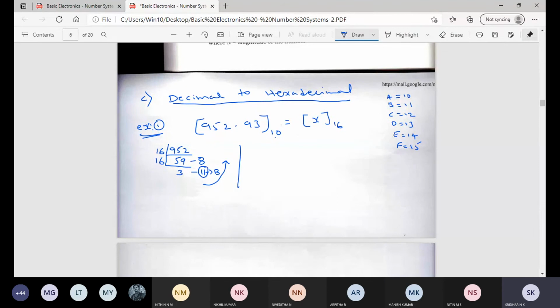Have you understood what I did? Yes, sir. In an exam or test, you will get confused and write an answer like this. It is wrong, the value completely changes.